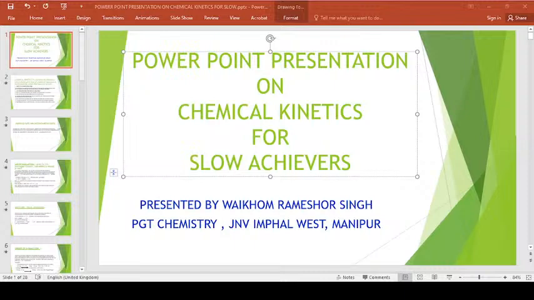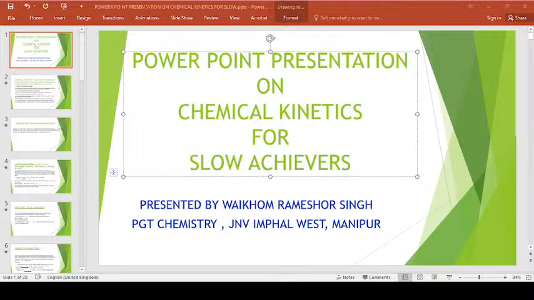Next, number 4, rate of reaction increases with the increase of surface area of solid reactant. If your reactant is solid, and we have taken the surface area more, then the rate of reaction will also be increased. Fifth point, for gaseous reaction, rate of reaction increases with increase of pressure. Why?